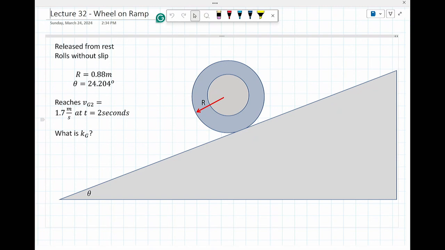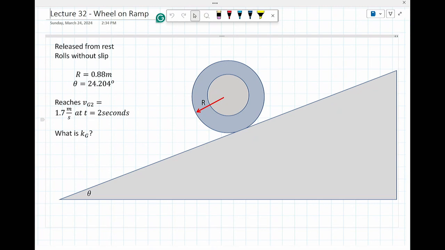So I have a spool, a disc that rolls without slip. Its R is equal to 0.88 millimeters. Theta is equal to 24.204 degrees. Again, now that I can do whatever I want with computer algebra, I just put weird numbers in because it comes out with nice numbers.